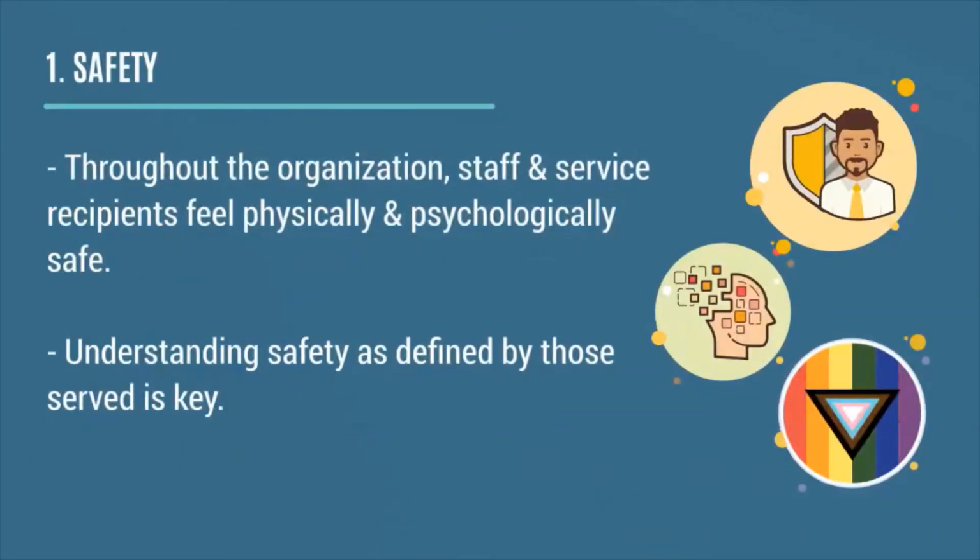Safety. Starting with safety, it is imperative that everyone feels physically and psychologically safe. Everyone, meaning both the staff and the service recipients. Safety will look different to everyone, so taking the time to understand how safety is defined will help in the journey to co-creating safe environments.